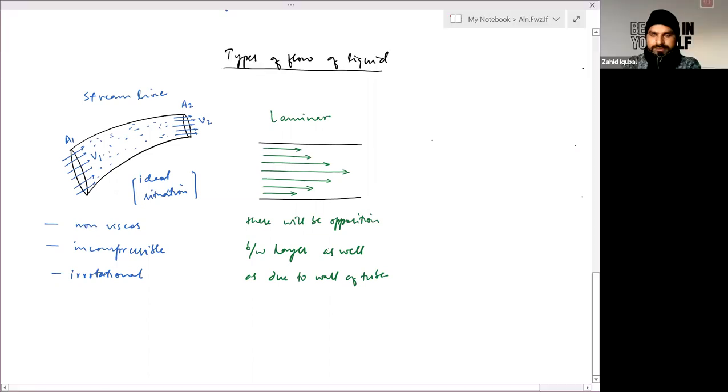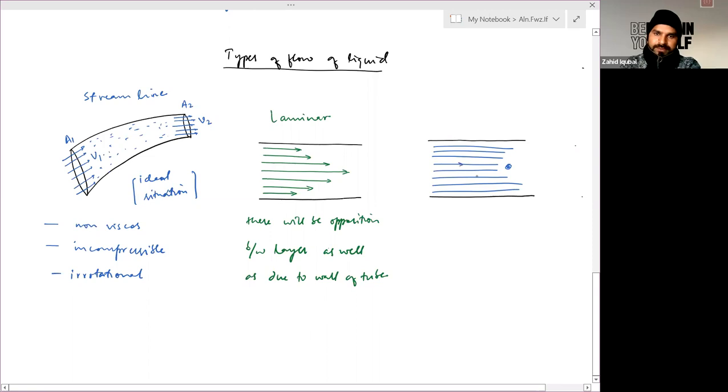In the third part, suppose there is irregularity in the velocity of a layer of liquid due to any obstacle in its path or any disturbance. Let's say there is an obstacle in its path.